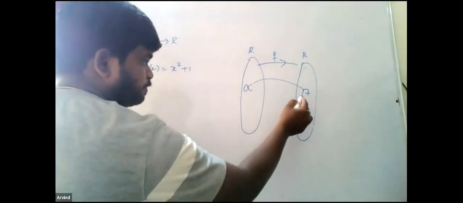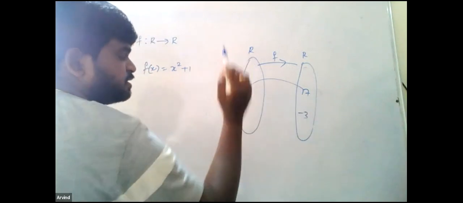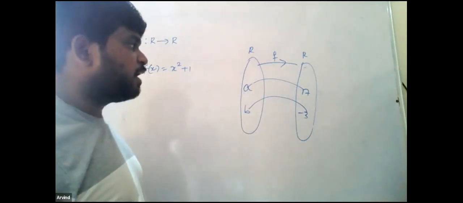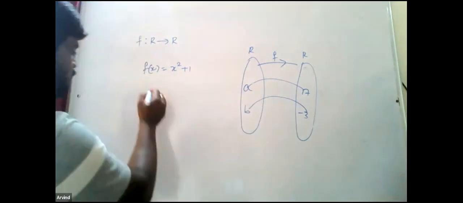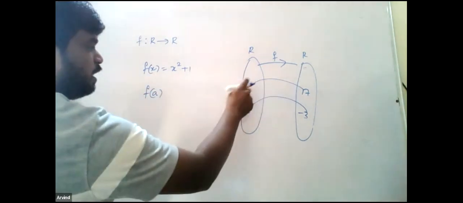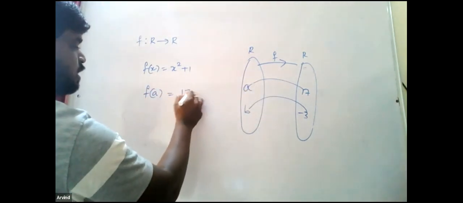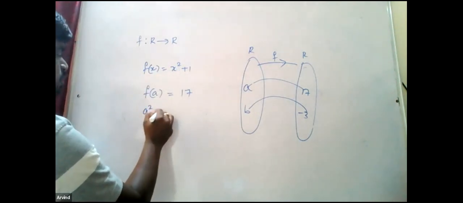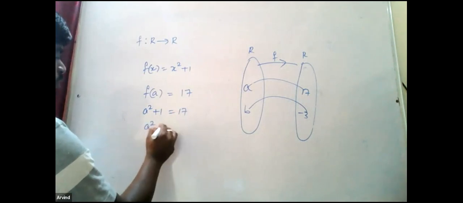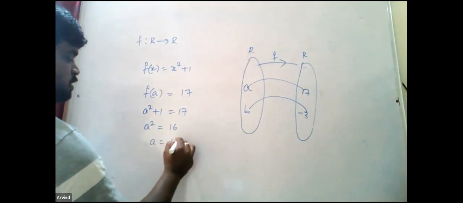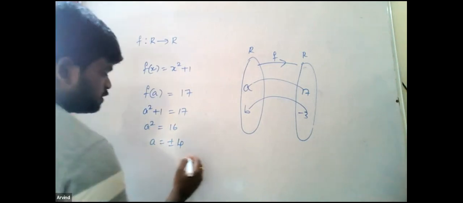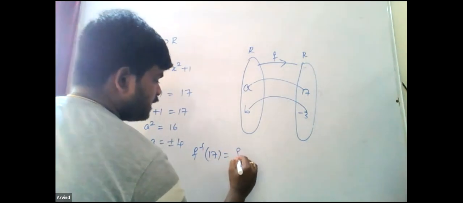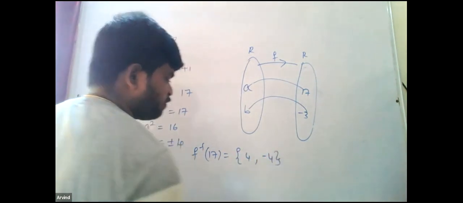Let's say the pre-image of 17 is A. So f of A should give me 17. If I put A in place of x, I get A square plus 1 is equal to 17. Therefore A square is equal to 16, which implies A is equal to plus or minus 4. So f inverse of 17 is a set containing plus 4 and minus 4.